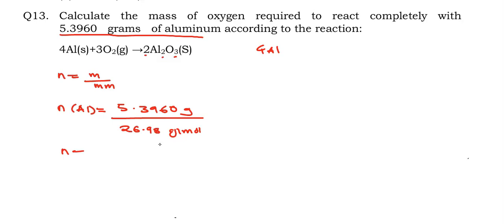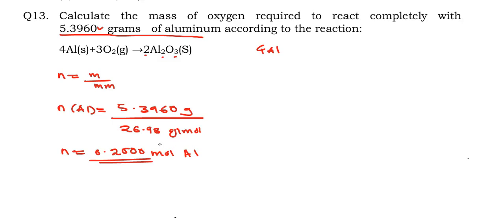So punching that on your calculator, the number of moles of aluminium becomes 0.20000. We count 1, 2, 3, 4, 5, it has 5 significant figures. Yes, this is what you do in chemistry. So we have 5 significant figures. This is the first step.